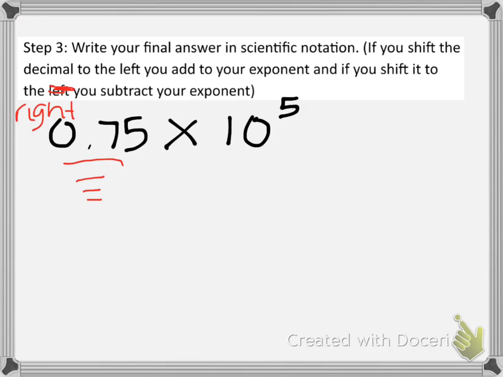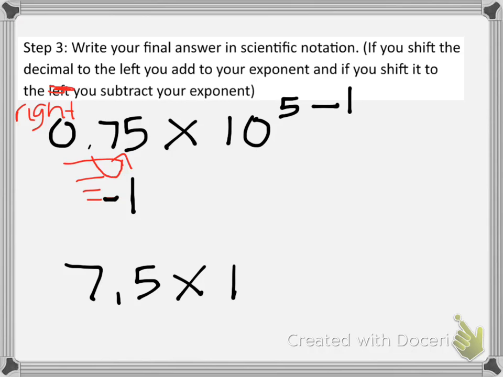In order for that to happen, we need to shift it to which direction? Correct, the right, which means we're going to subtract from our exponent. So we're going to subtract by how many times we moved over. We're going to subtract a 1 from our exponent. So your final answer would be 7.5 times 10 to the 4th power.